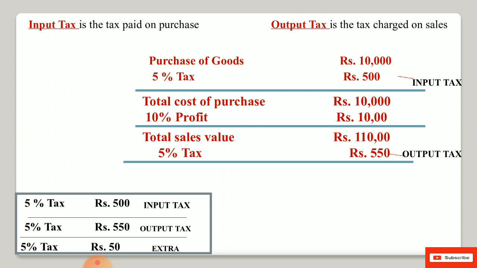This tax was paid in the form of input tax or advance tax, and after that we sold these goods at cost price plus profit plus tax, meaning the total price was rupees 11,550, in which we received rupees 550 in the form of output tax. And since we have already paid rupees 500 in advance as input tax, only the remaining amount, that is rupees 50, we will have to pay to the government.